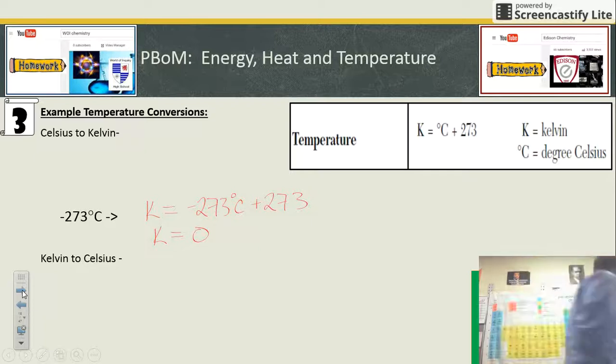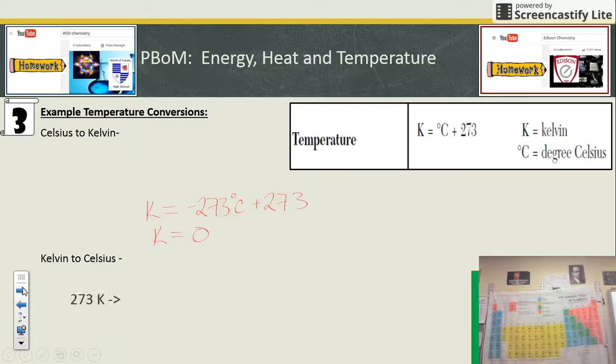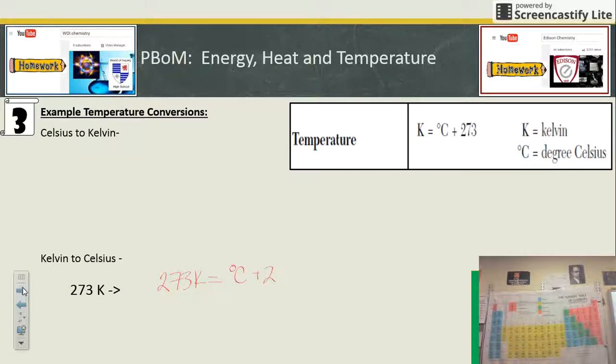So let's see. 273 Kelvin. I'm going to set the equation up the same way. It's just that the numbers are going to be in different spots. So 273 Kelvin equals degrees Celsius plus 273. So to solve for Celsius by itself, I'm going to take 273 away from each side. And therefore, this drops out.